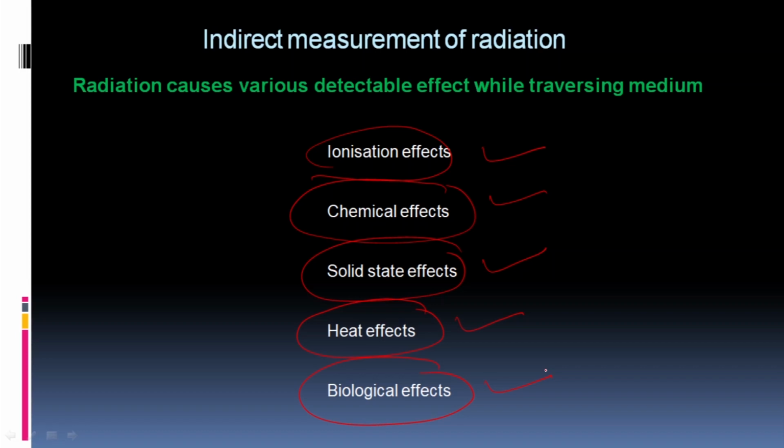We use almost all kinds of detectors in radiation oncology and for our daily purpose, and the radiation measurement is different for different types of radiations, for different types of purpose, and for different levels of accuracy. We use various kinds of radiation detectors.